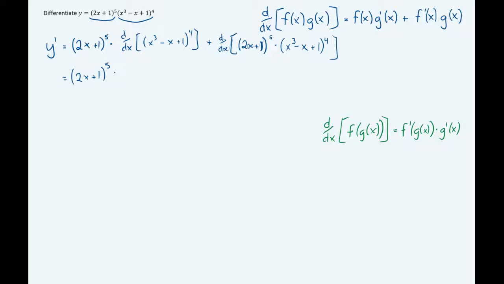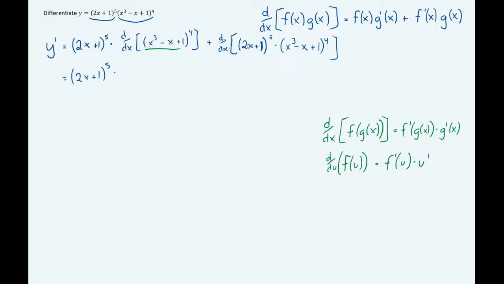And a lot of times this notation is a little easier. What is d du of f of u, where u is a function? Well, that's just the derivative of the outside times the derivative of the inside. So our outside function back over here is u to the 4th.